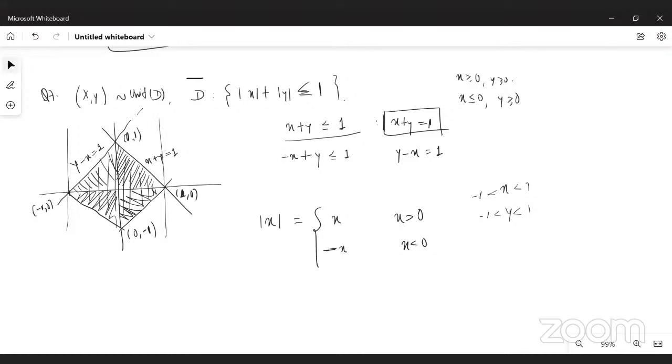This is x lying between -1 to 1, this space over here, and y lying between -1 to 1 would be this. It means this is the reason. Thank you.